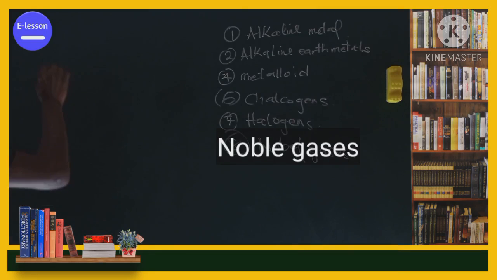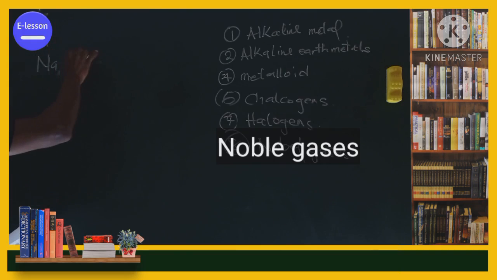Now, for the periods, we have the first period starting with hydrogen here. Then we have the second period starting with lithium. Then the third period starting with what? Sodium. Now, after sodium, to this side, this is group 1. Then we have group 2.